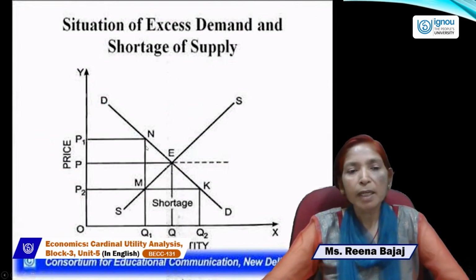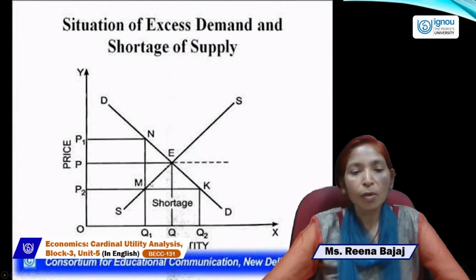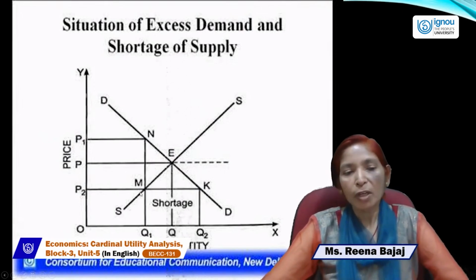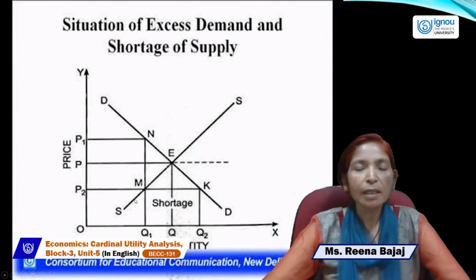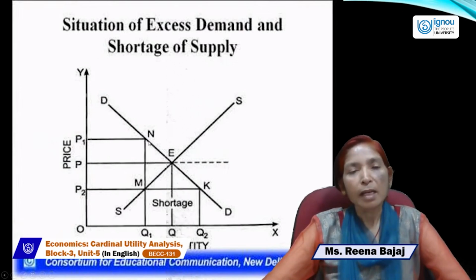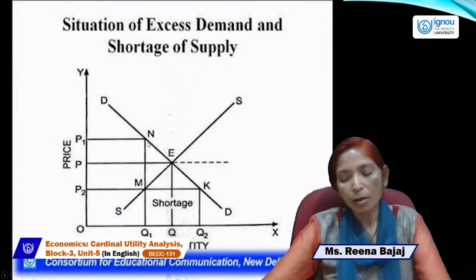So at a higher price, an excess supply situation will occur, and at a lower price, an excess demand situation will occur, because at a lower price demand will be more and supply will be less. So this situation is known as shortage in supply and excess in demand. And at a higher price, excess in supply and shortage in demand will occur.